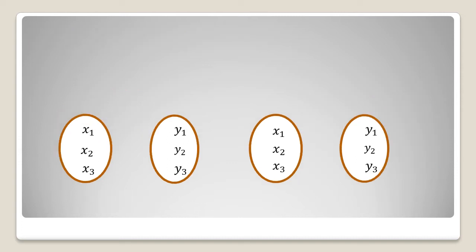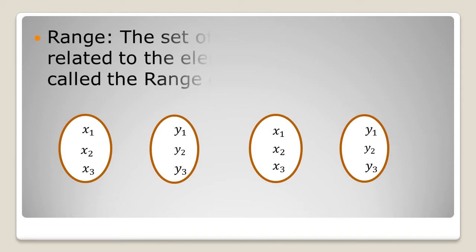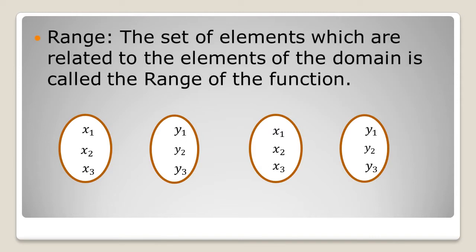Let me proceed with the concept of range. What is a range? The range of a function is the set of values of the function, or you can say the images of the elements of the domain. You can see here in the first diagram, the elements x1, x2, x3 of the domain are related to two elements y1 and y2. y3 is not in the range, so y1 and y2 will constitute the range of this function in the first diagram.